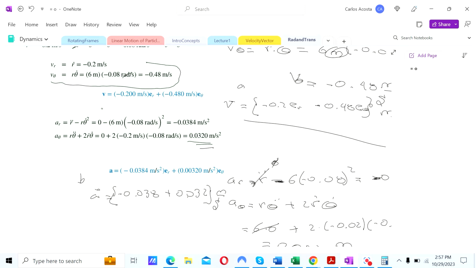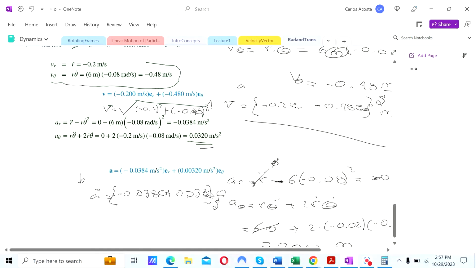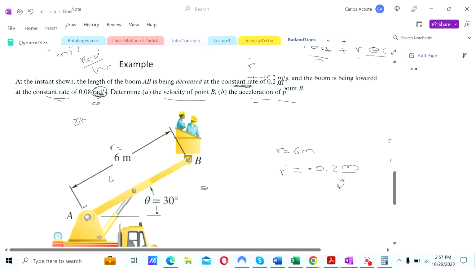If you actually want to find the magnitude, then you have to do square root of negative 0.2 squared plus negative 0.48 squared. That will be the magnitude of the velocity. And the acceleration, the same thing, will be the square root of negative 0.038 and 0.032 in the transversal component. But they're asking you for the vectorial expression, so this is it.